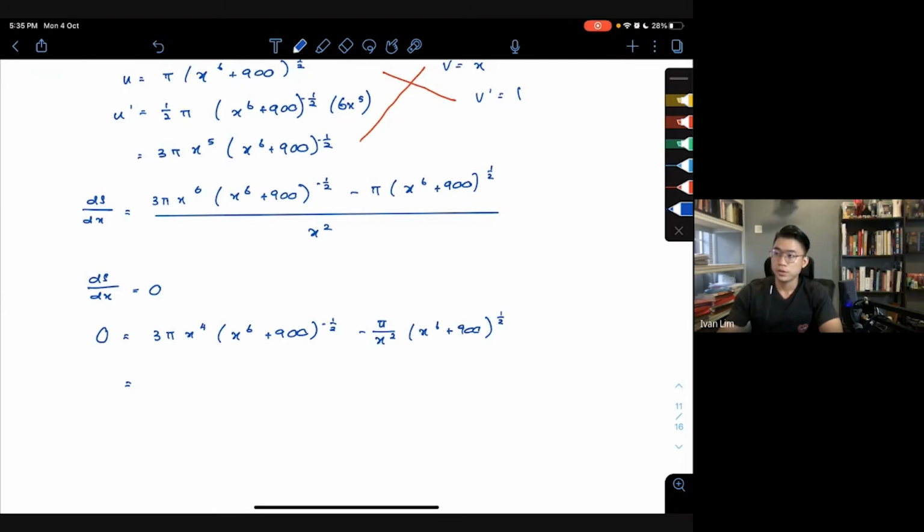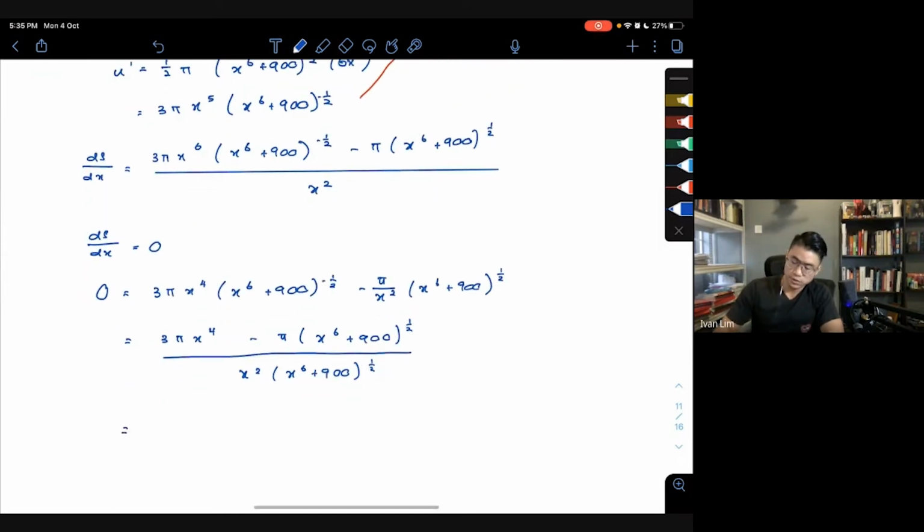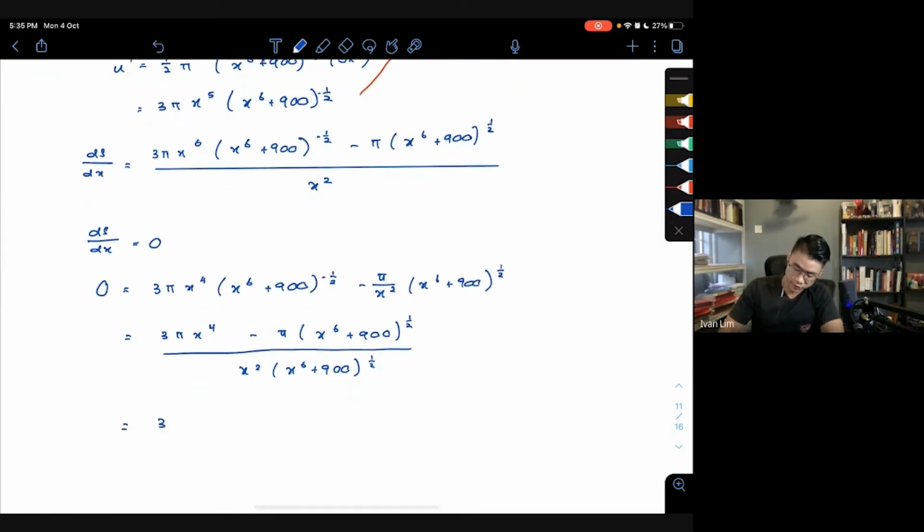Okay, so if we put it into one fraction, it will be 3 pi x to the power of 4, minus pi x to the power of 6 plus 900 to the power 1 over 2, over x squared times x to the power 6 plus 900 to the power 1 over 2. Okay, then go and open up the bracket and solve it.